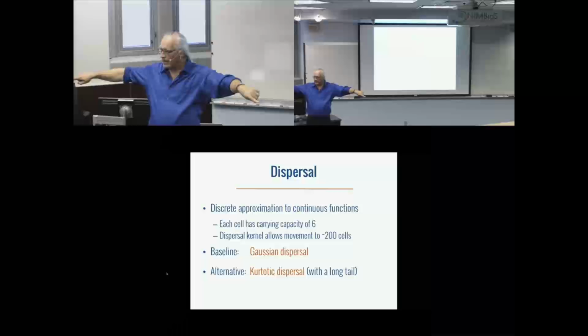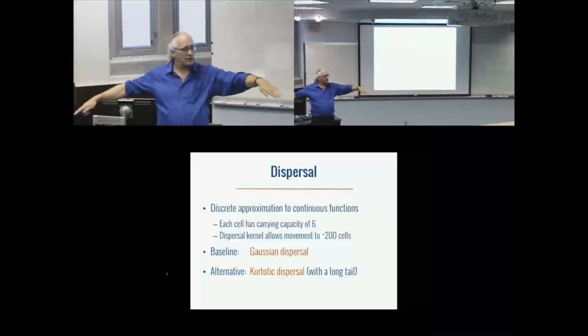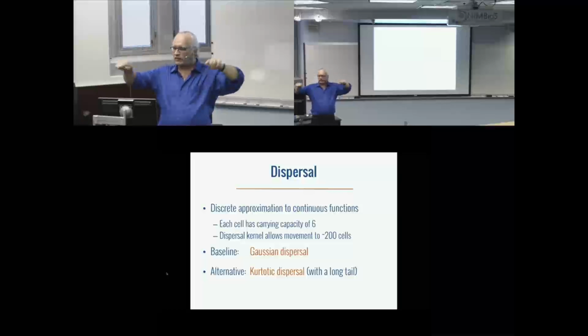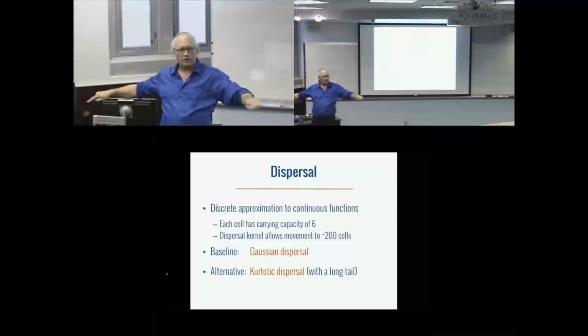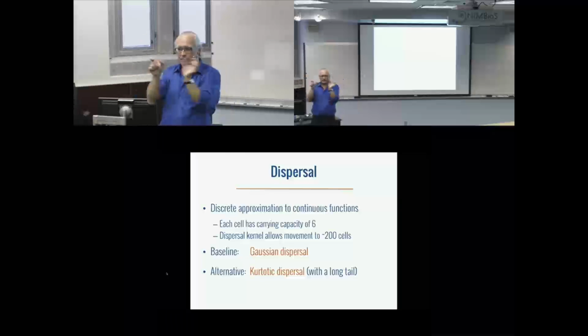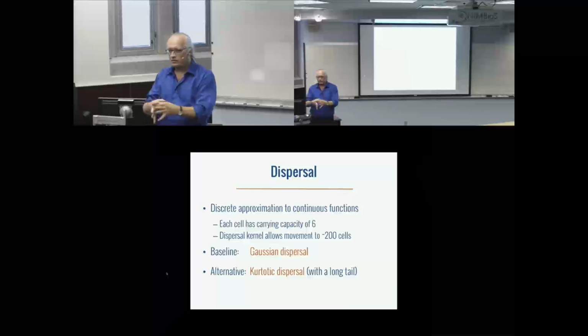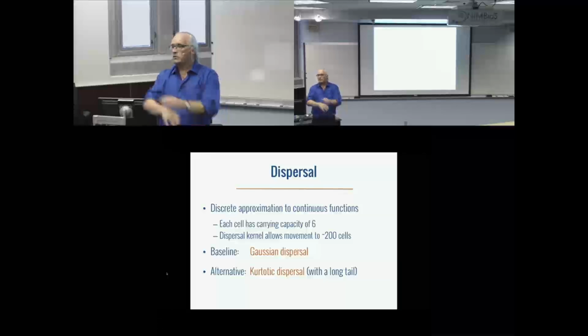So if we wanted to have something like a Gaussian dispersal curve, we have a dispersal curve that's actually got 16 elements in it to make something that looks a lot like a Gaussian, but it's by bins.